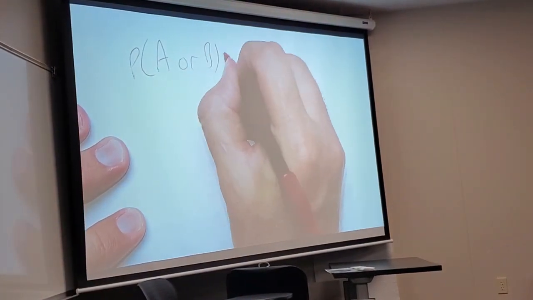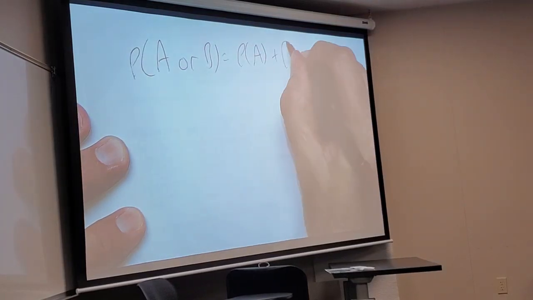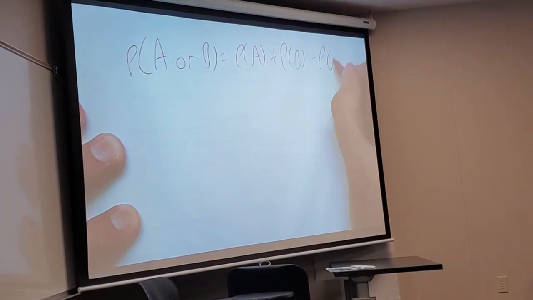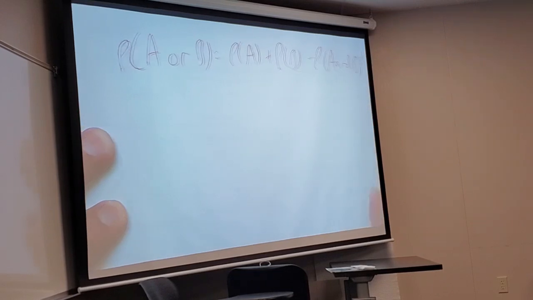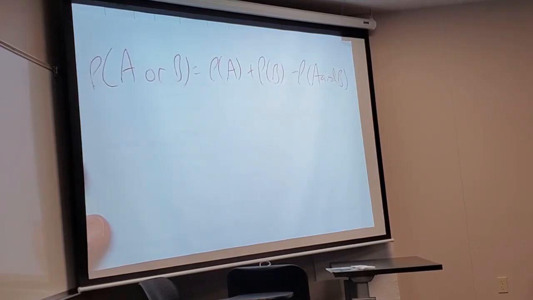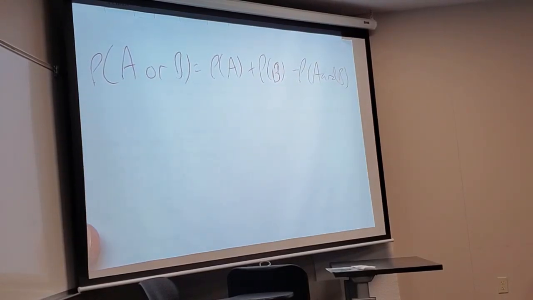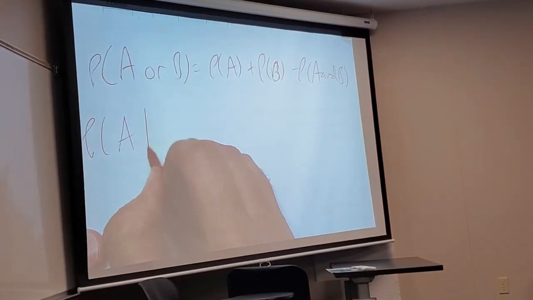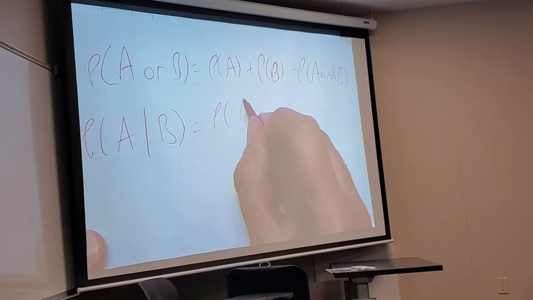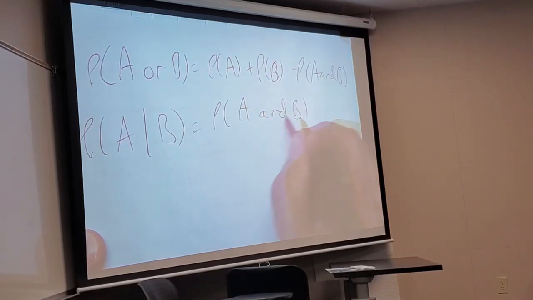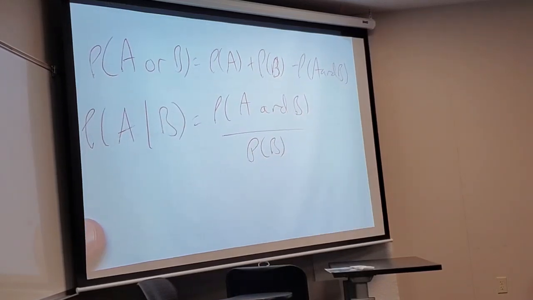So we already did this, but just to make sure everybody's got the right stuff. A or B: probability of A plus probability of B minus probability of A and B. A given B, like we saw earlier, is the and divided by the given.